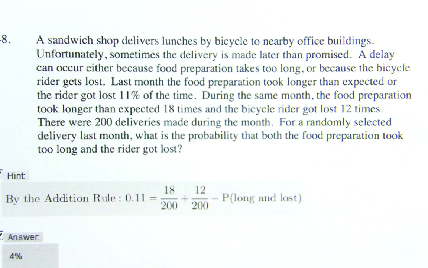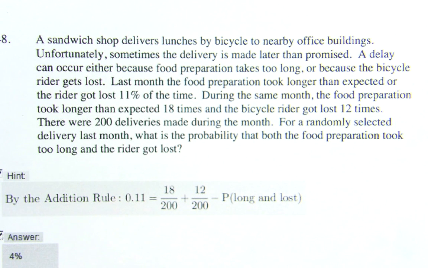That's where I got confused. It didn't matter if the food took longer or the rider got lost, or both. It could be any combination of those. Whatever it was, 11% of the time something happened with the rider or the food, so one of those happened.